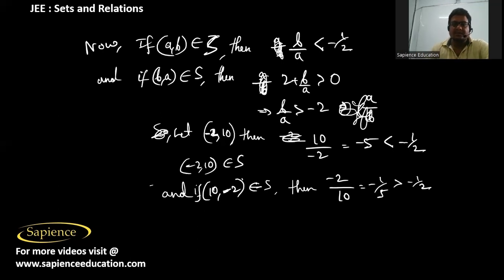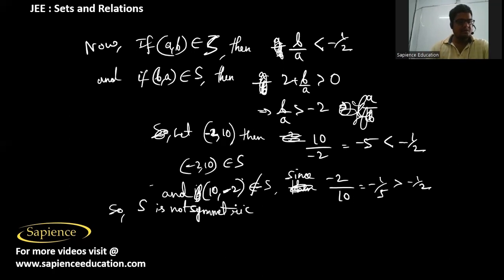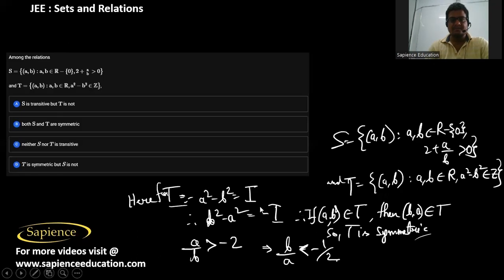So this does not belong to the set S, since minus 1 by 5 is more than minus half. So the relation S is not symmetric.